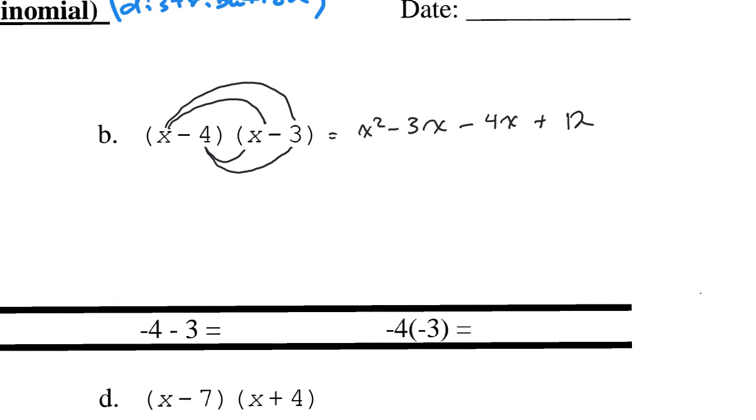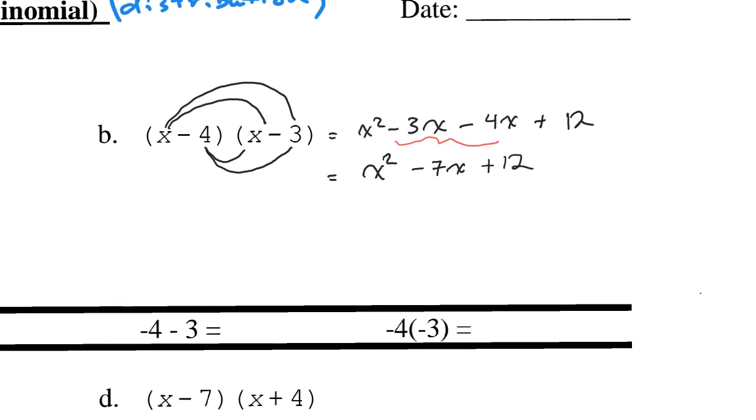So now we'll just add all our like terms. So we start with our x squared. So we got x squared, done. Now we have to add these two numbers in the middle. So minus 3x and minus 4x gives us minus 7x. And then our final term is plus 12.